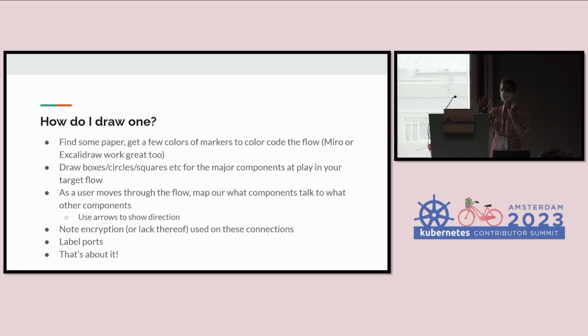What components are talking to what? Are those connections encrypted? What ports are at play? That kind of thing, so just really basic stuff. Note encryption, label ports, and that's about it. That's your data flow diagram. It's just showing the major components of the system and how they talk to each other for your targeted workflow, and that's what we're doing here today.